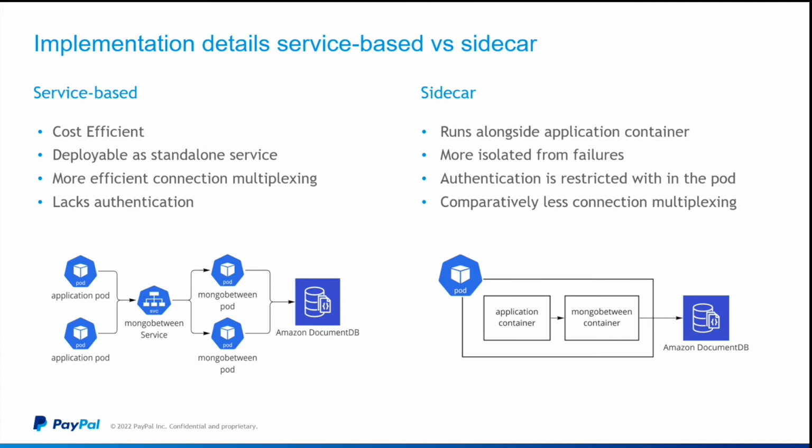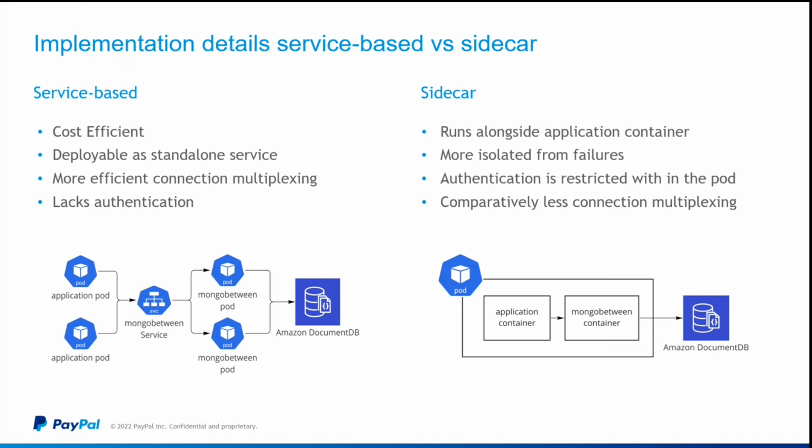Reason being, it's centralized and we can update any changes to all the Mongobetween pods. And the third one is it's the most efficient way of achieving connection multiplexing. Reason being, a connection could be used by any application on our platform without any issues on a given Mongobetween pod.